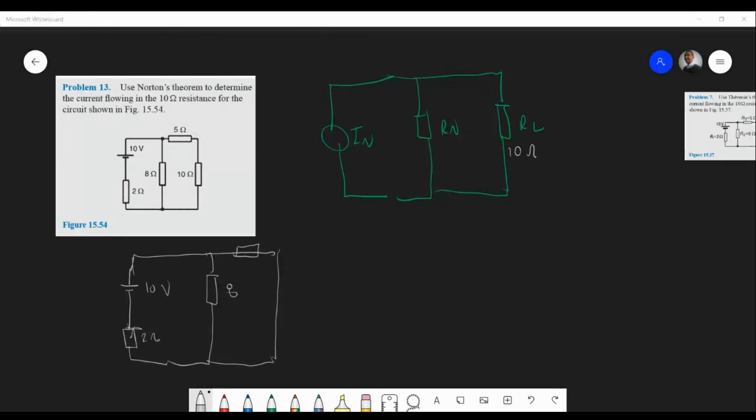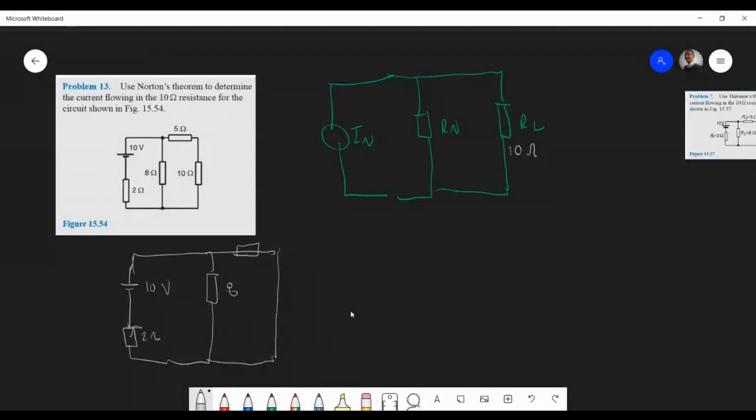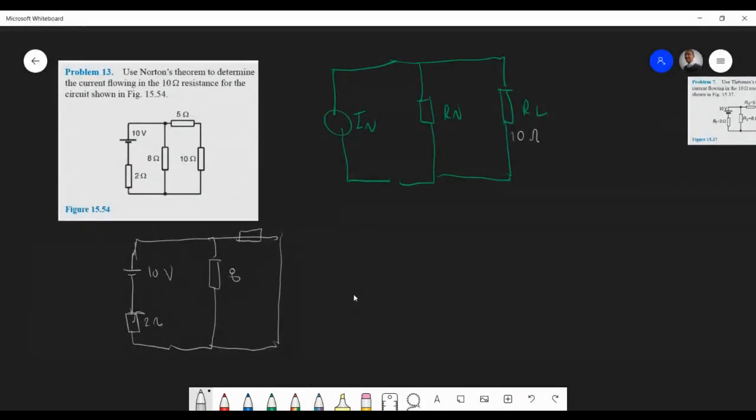I don't think it's a matter of parallel and series. I mean, if we short this, will there be any resistance? Maybe it's nearly like an open circuit. Let's try and see what we get here actually.